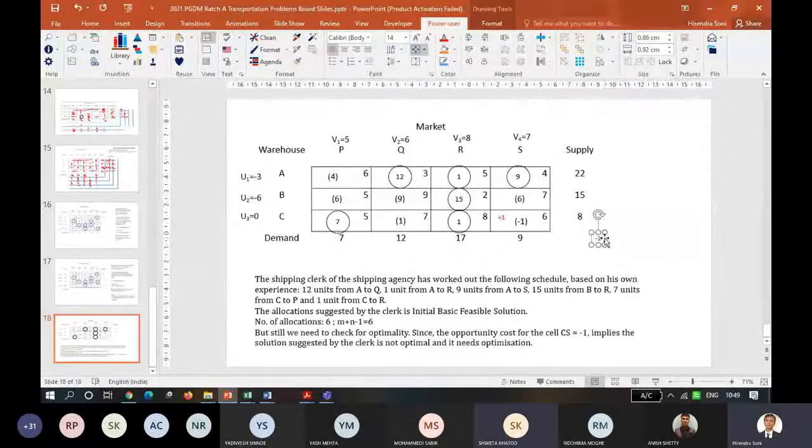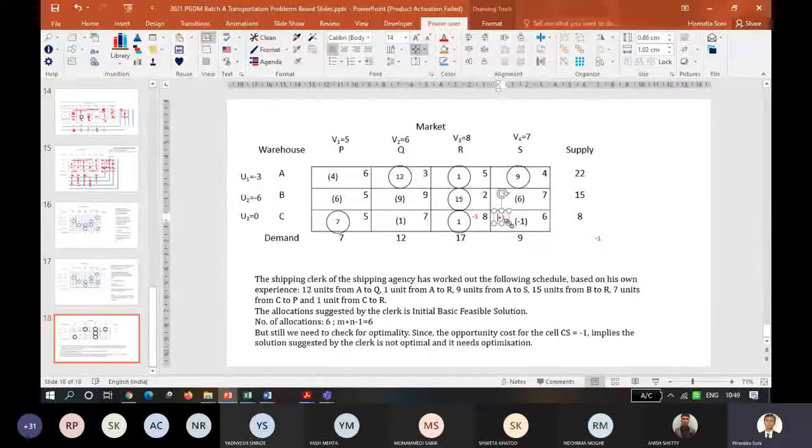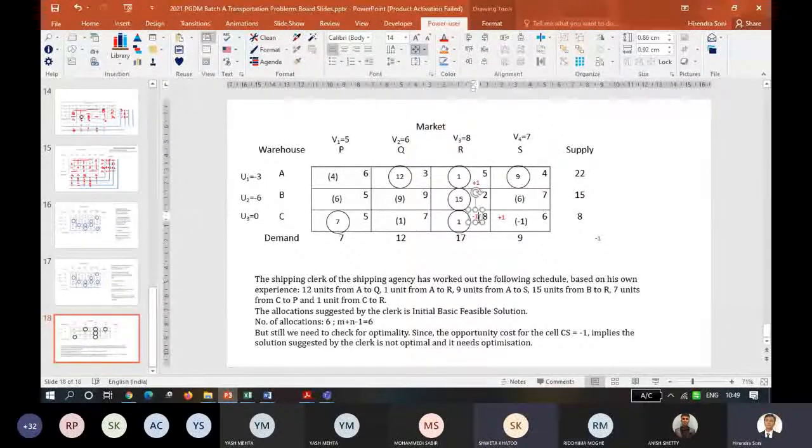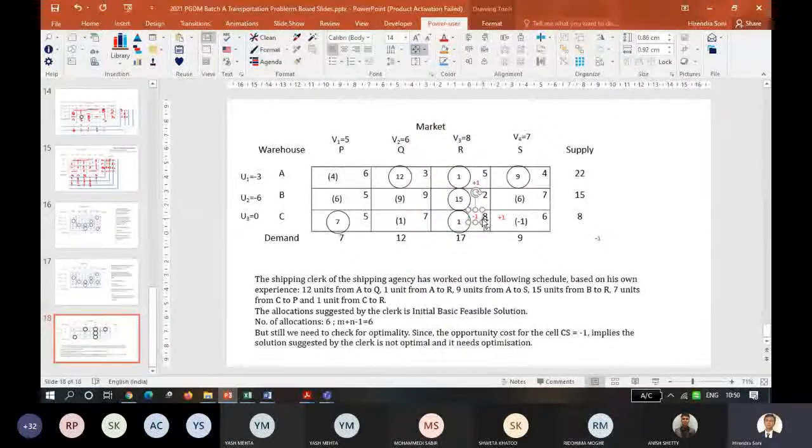Very good. So we'll take this one as -1. What about +1 now? वो कहाँ डालेंगे? AR. What about -1? AS.